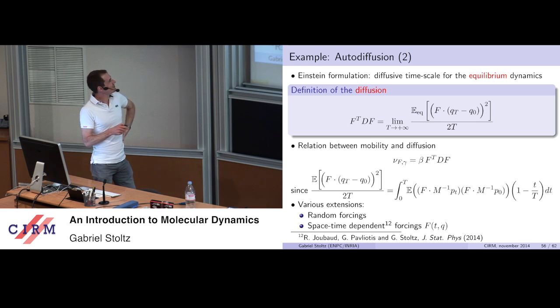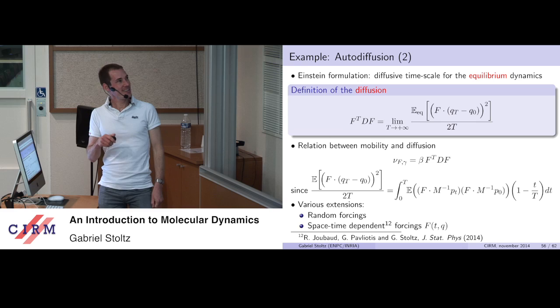So when you put the expectation outside and you do this little computation, you end up using stationarity. You end up with this formula, and when you let time go to infinity, this factor disappears, and here you put plus infinity. Then you realize that this effective diffusion coefficient is related to the mobility up to this factor beta.